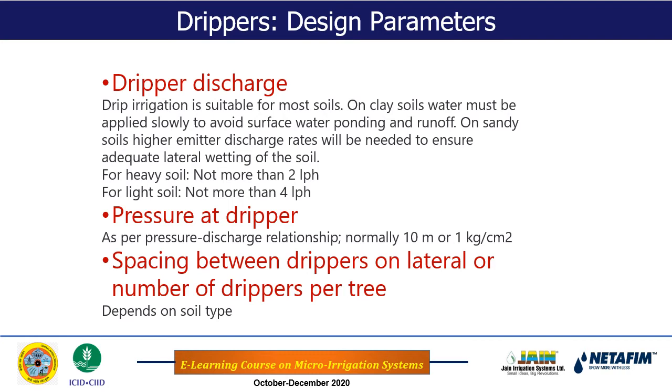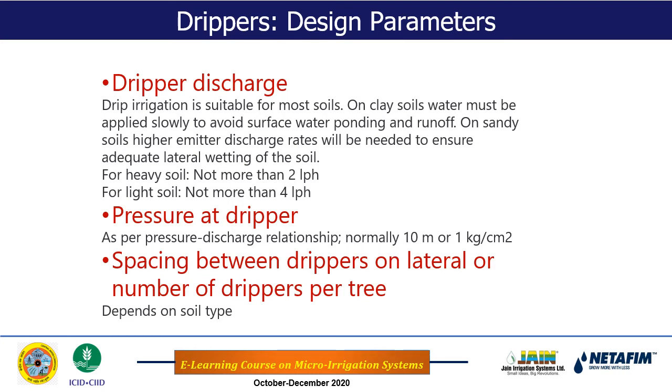Okay, then pressure at the dripper. I have told you that normally the rated pressure is 10 meters or 1 kg per square centimeter. That is to be maintained there, and it is required. If it is not there, then naturally you will get less discharge.